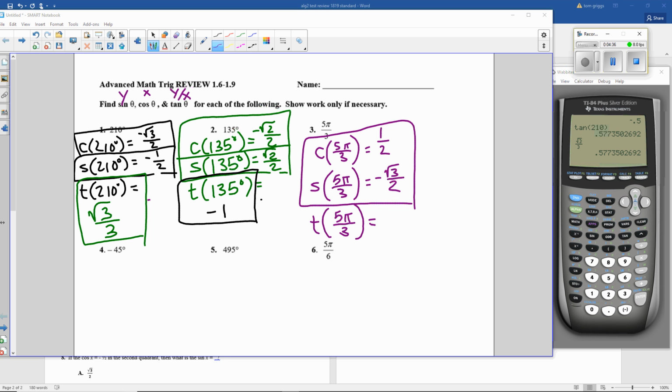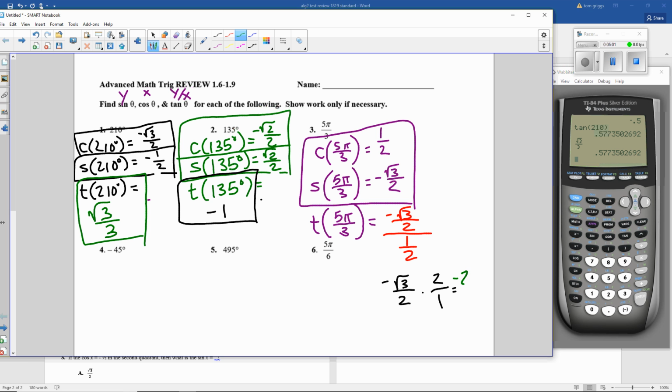And again, for tangent, we've got a little bit more work. We've got to take the y-coordinate and divide it by the x-coordinate. And we're going to multiply the top fraction by the reciprocal of the bottom.